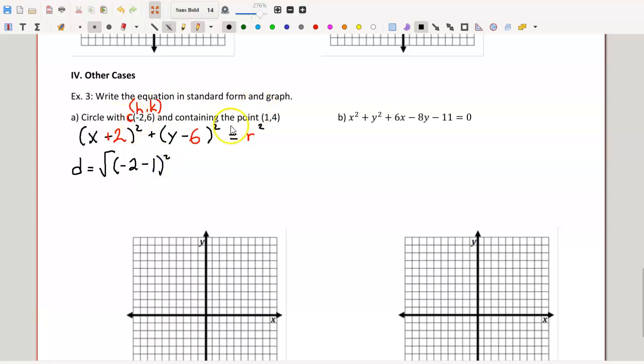Those are the x's. And then you're going to add distance from 6 to 4, which is going to be 2. So that's going to equal 3 squared plus 2 squared, which equals root 13. Oh no, root 13. Yeah.